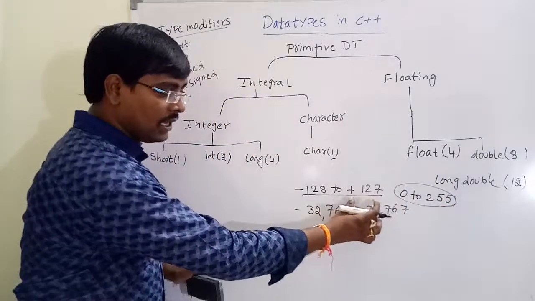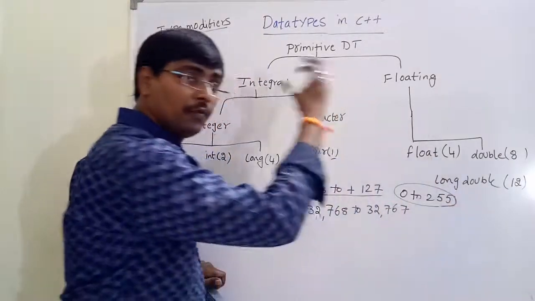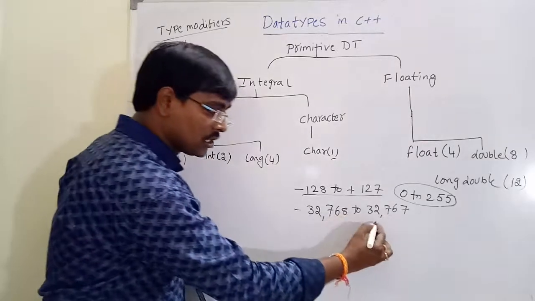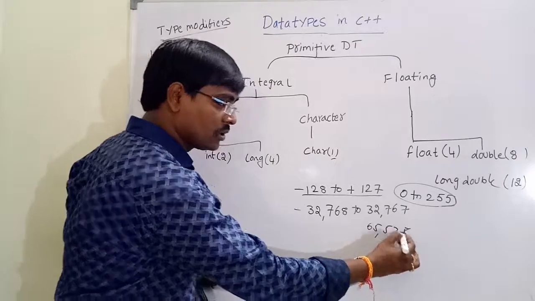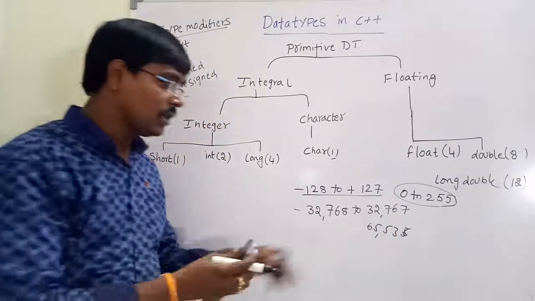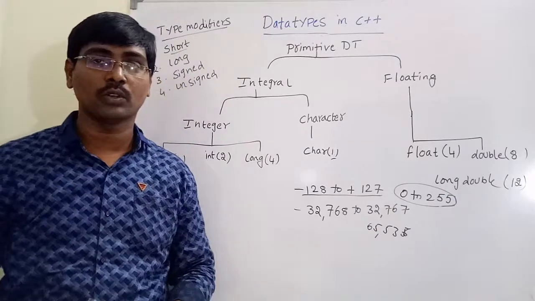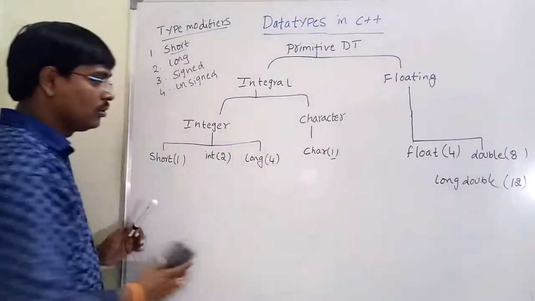So observe, here only 127 positive numbers are allowed, but here 256 positive numbers are allowed. For integer, 65,535. Here I am allowing more than 30,000 additional positive numbers. That is the reason we are adding this.